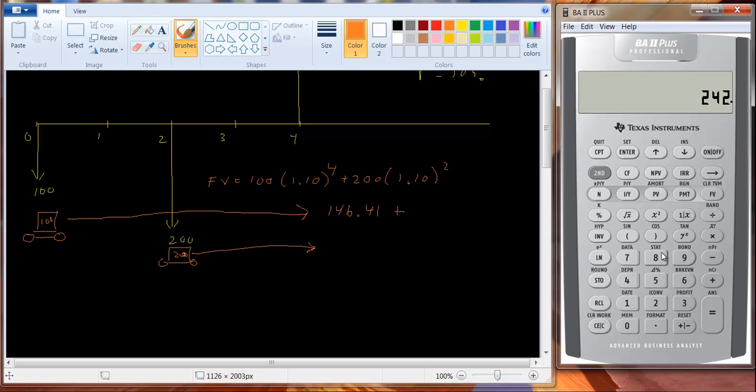That's 242. And let's just add that to the 146.41. So we get 388.41.